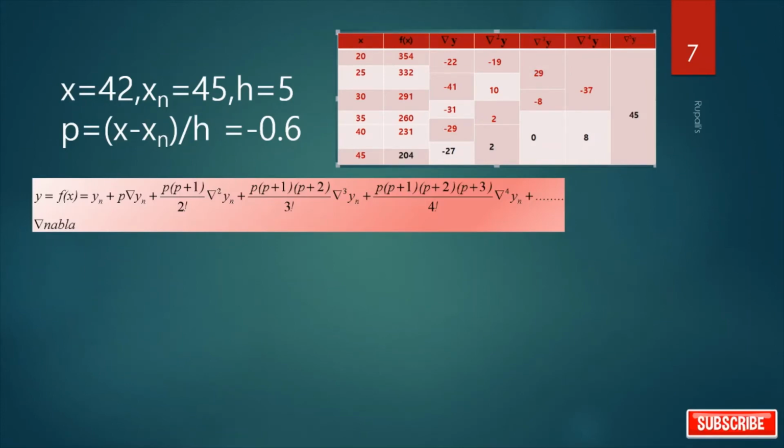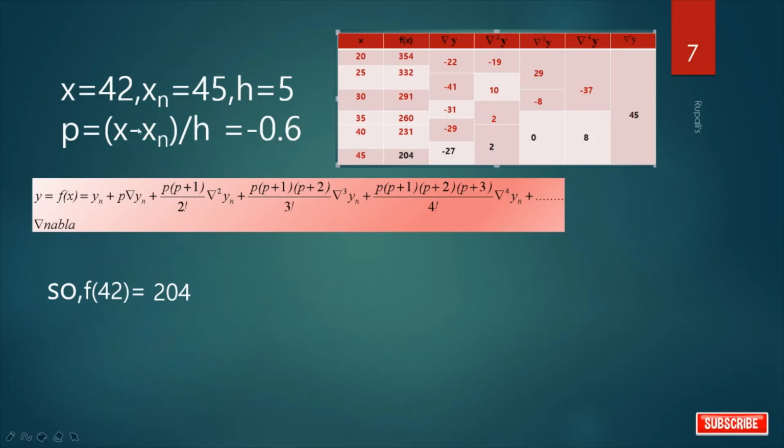So what is f(42)? f(42) is, see, first yn. What is yn? yn is 204. Only see the black colored number. Okay. First yn is 204. Next, plus p into nabla yn. What is p? p is minus 0.6.